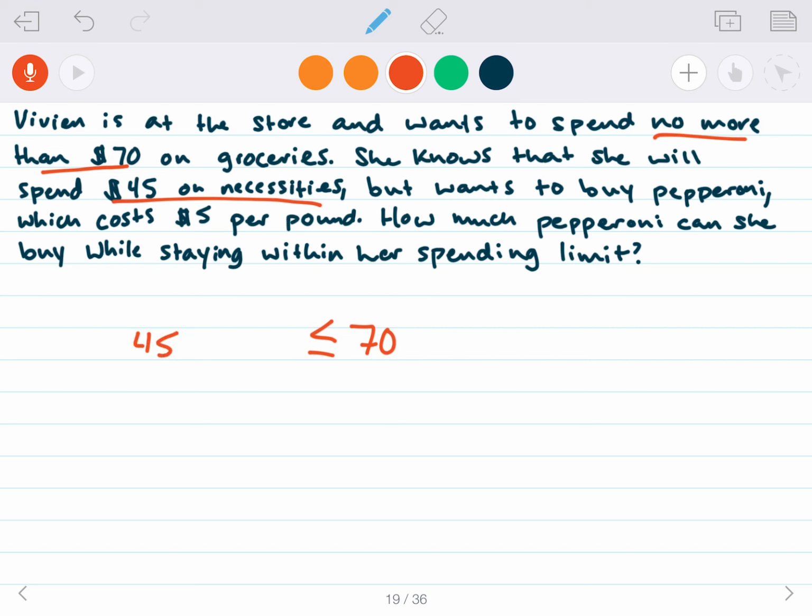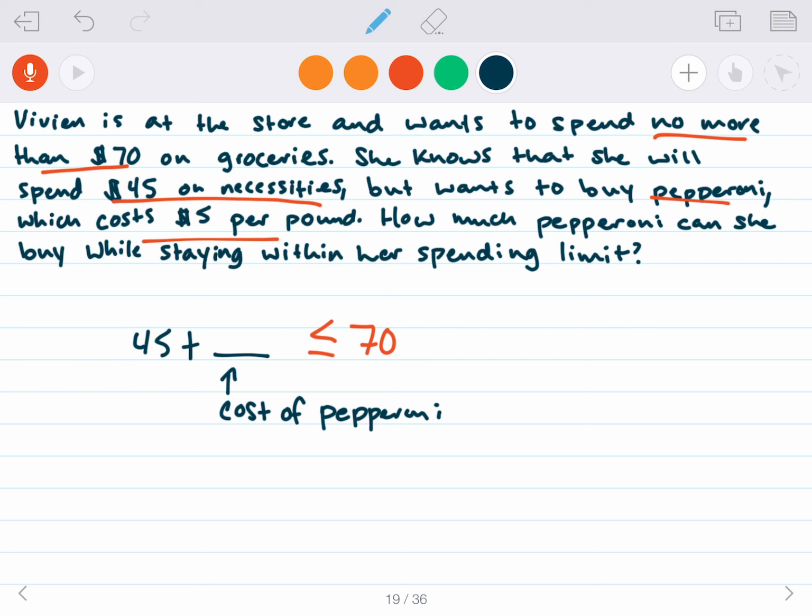But she also wants to buy pepperoni. And pepperoni costs $5 a pound. How much pepperoni can she buy while staying in her spending budget? So we know that she's already going to spend $45 on necessities. We want to add on the cost of pepperoni. Well, the cost of pepperoni is going to depend on how many pounds she gets, right?